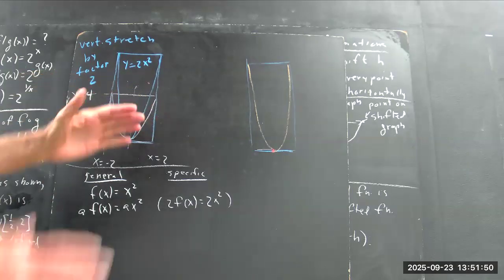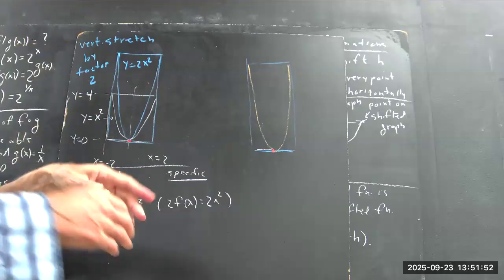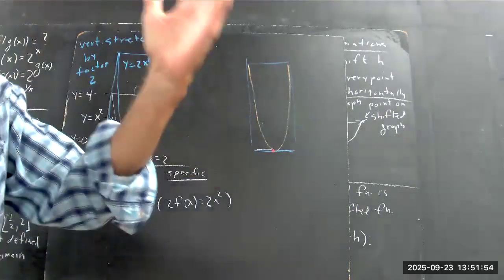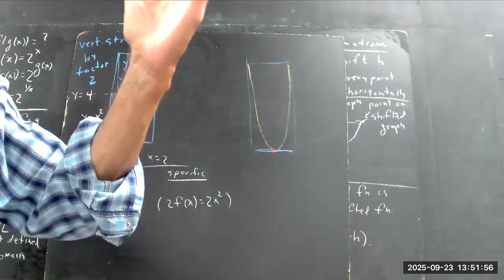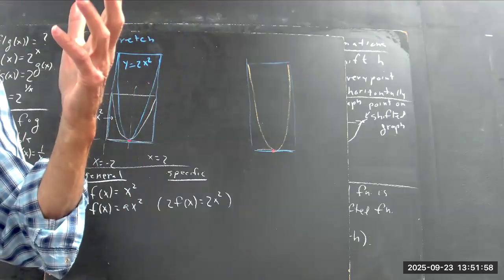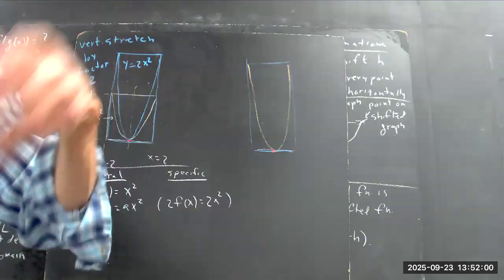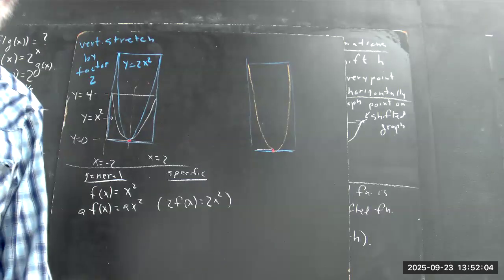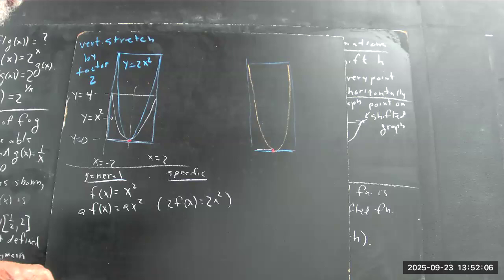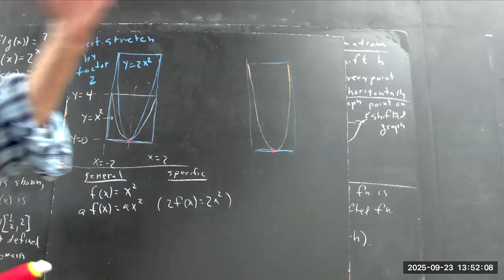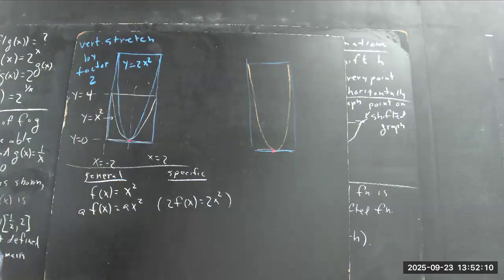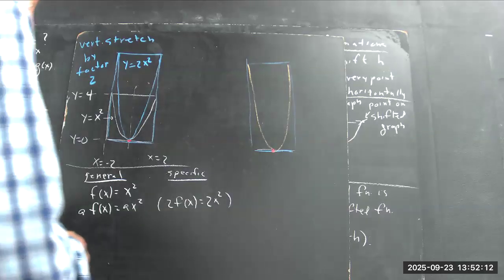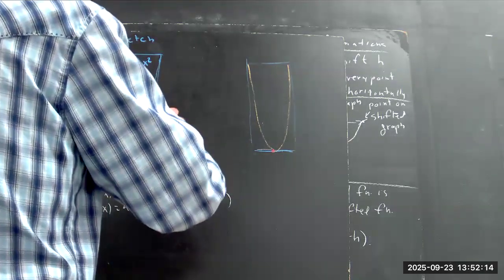This is 4 units. So if this is 4 units, this is how many units? Well, the number I see most frequently is 8. So let's say we shifted 8 units.